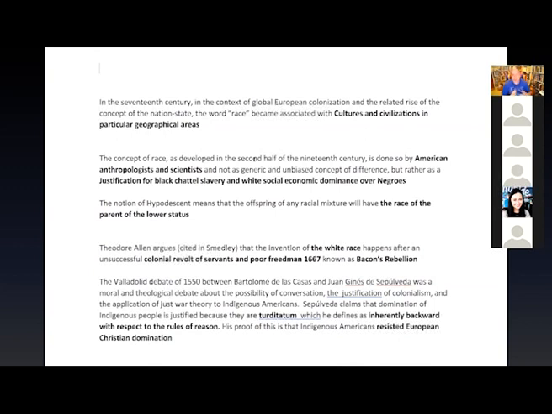But this Bacon's Rebellion moment is significant because, in the context of early colonial America, there's a kind of ownership, a kind of corporate class in things like the Jamestown colony. These were corporations.